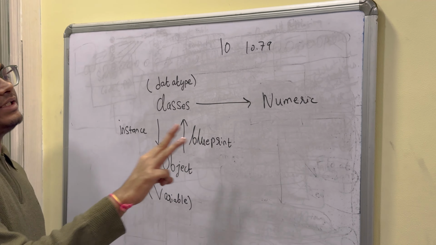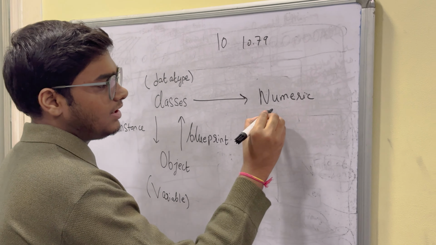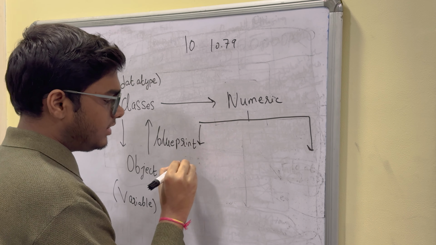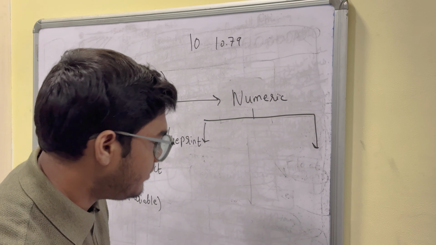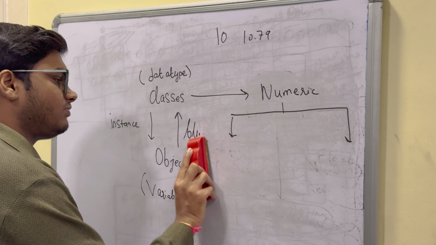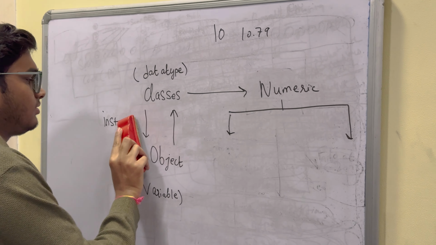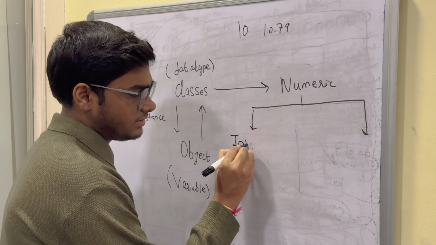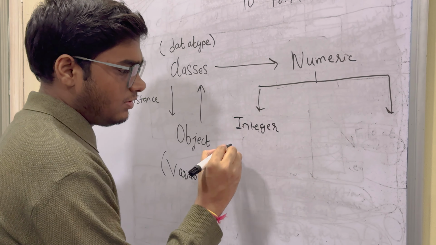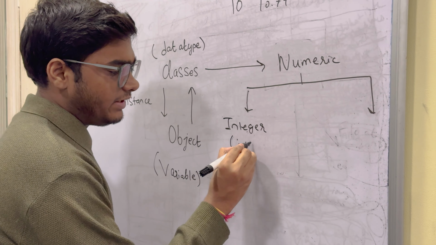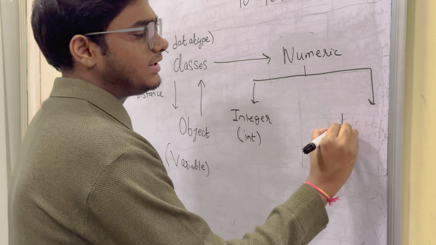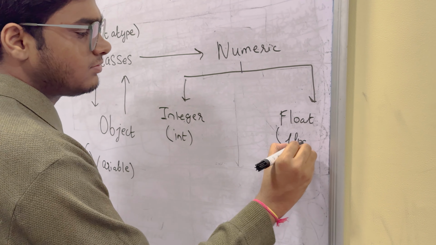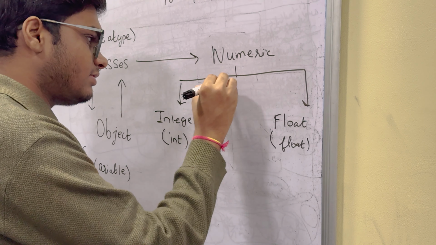Now there are three things which are there in numeric class. Three different types you can say. One is the integer. So there's the integer class, which is denoted by the term int. Next, there's the float class, which is denoted by float with small f.